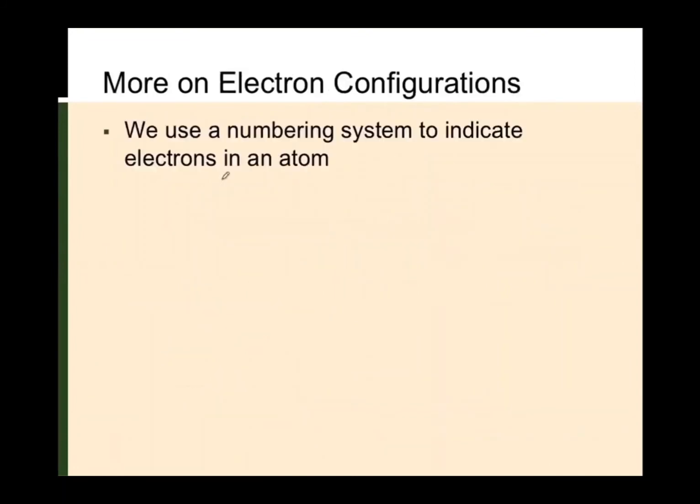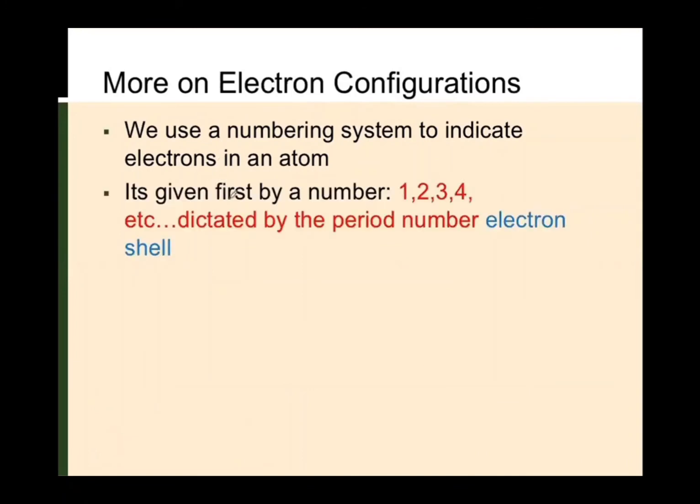So more on electron configuration. We use a numbering system to indicate electrons in an atom. It is given first by a number 1, 2, 3, or 4, etc., dictated by the period number, the electron shell. So the first period is 1, second 2, 3, 4, as we go down the periodic table. This generally also corresponds to the principal quantum number of the valence electron, although not always.